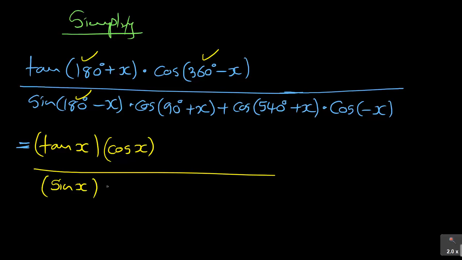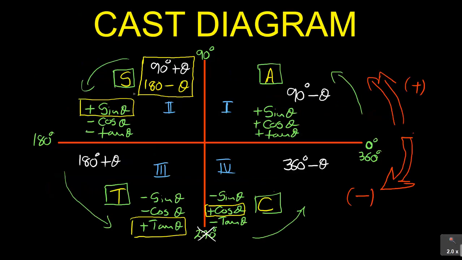Cos 90 plus x. Now you identify 90 plus. 90 plus is in the second quadrant, so whenever you deal with 90, you need to pause a little bit and remember 90 deals with cofunctions. So when you start with cos, you end up with sine. But what is the sign of cos?